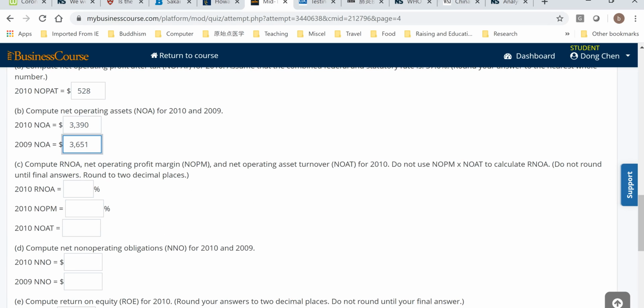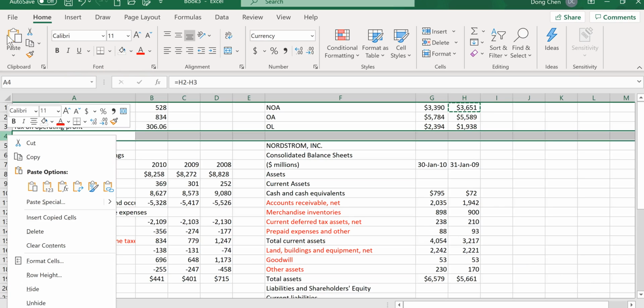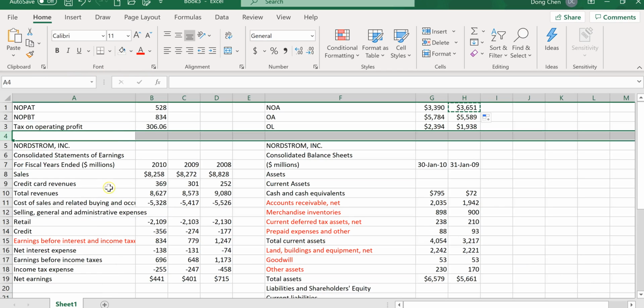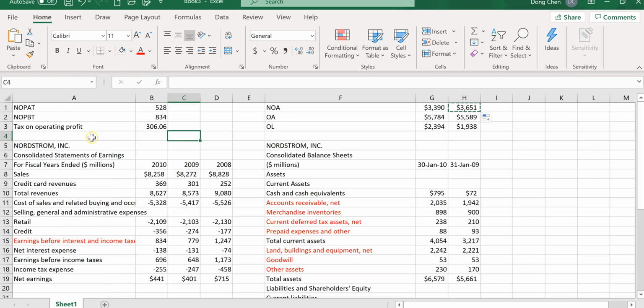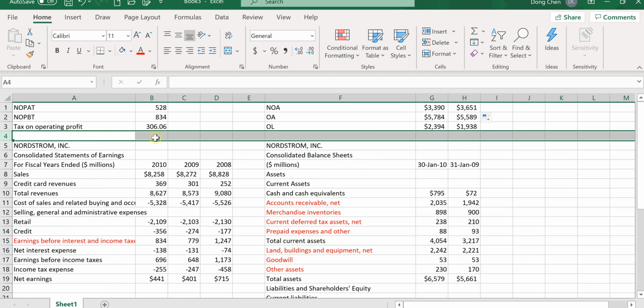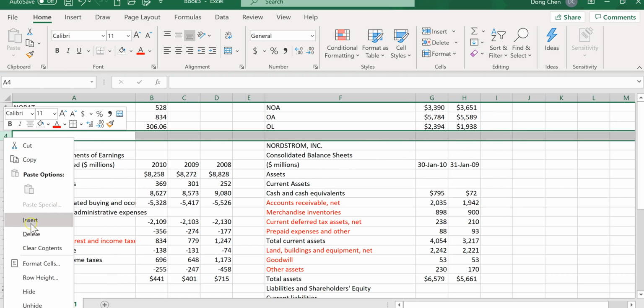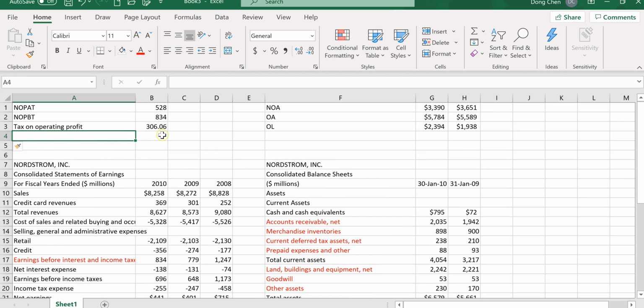So return on net operating asset. We need to add more rows here. Okay, more rows. We probably need more rows later too. So let me add return on net operating asset.